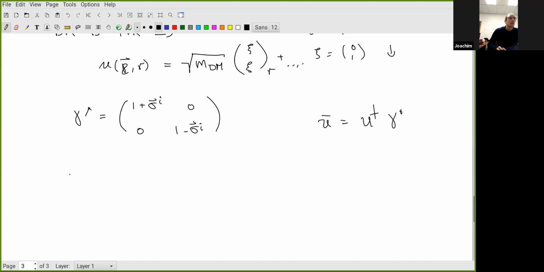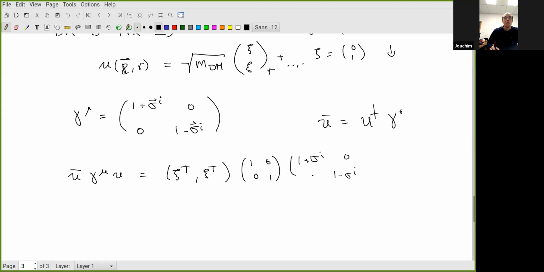So we get this u bar gamma mu u is essentially Xi transposed. Should write like this. Xi transpose, then times this gamma 0, which is just a unit matrix, then times this gamma mu matrix, 1 plus I, 1 minus sigma I. Sigma I are the Pauli matrices, and then Xi.